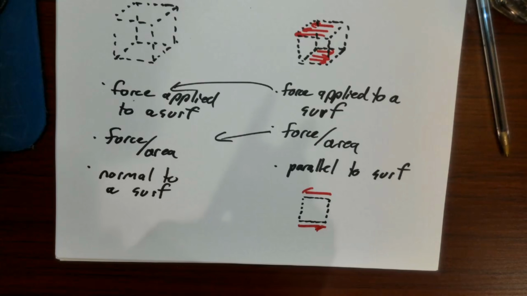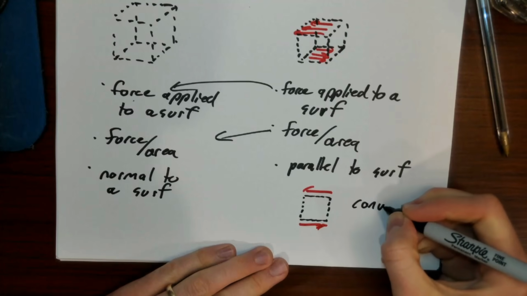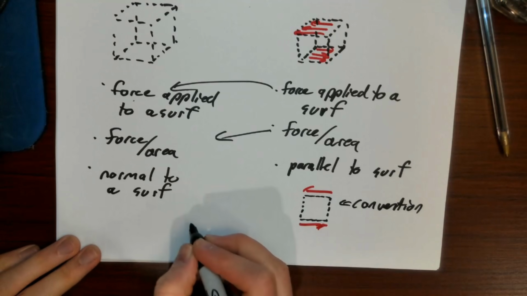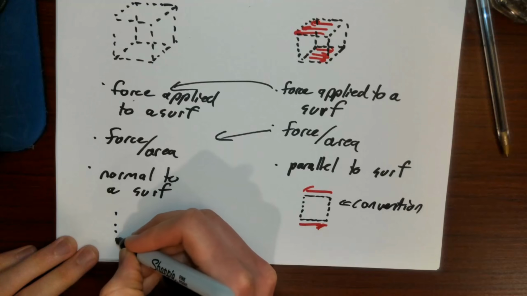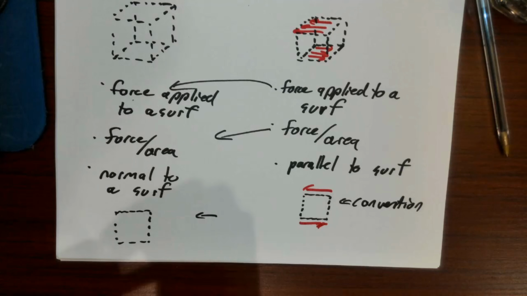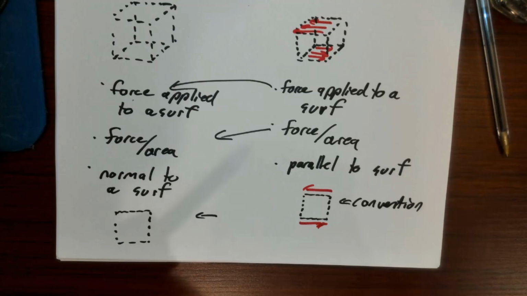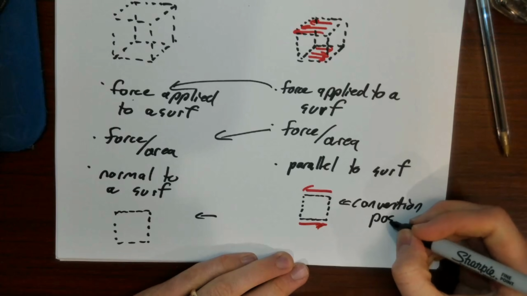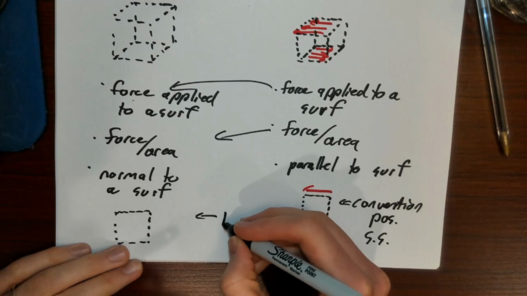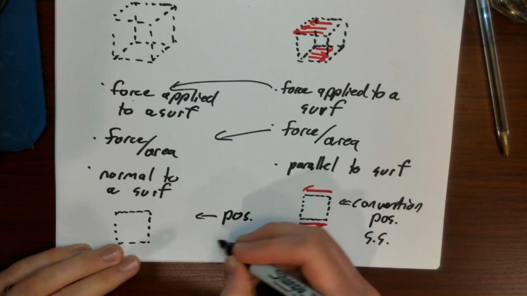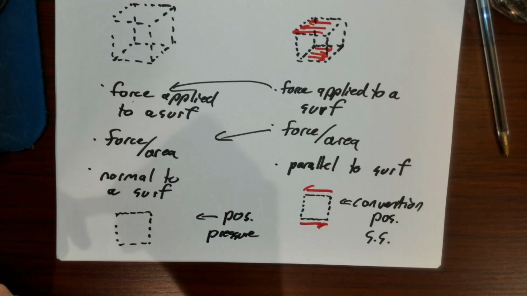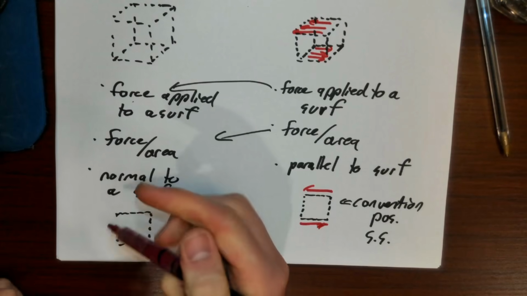So this was our convention for positive shear stress. Our convention for positive pressure is that it acts inward on a chunk.